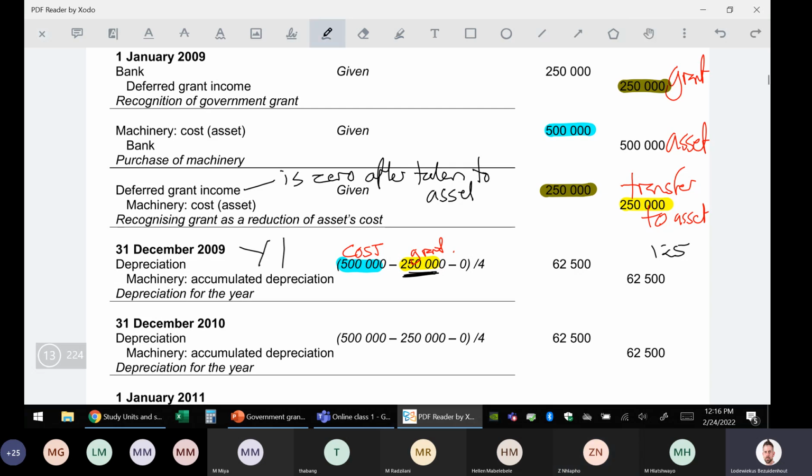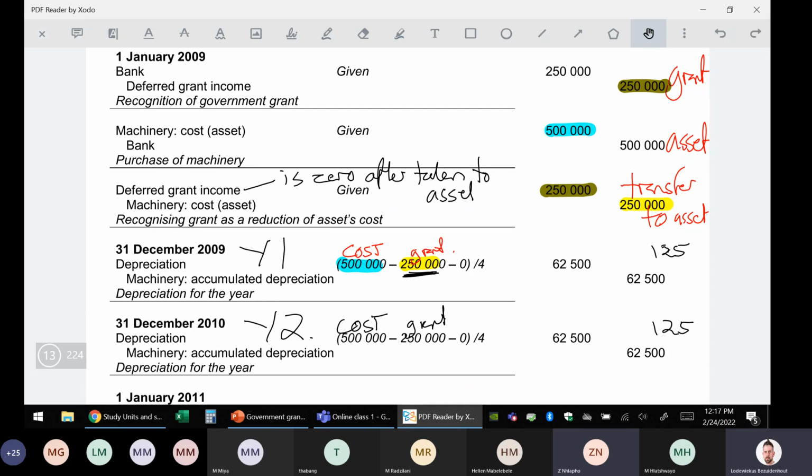That's year 1. That's year 2. And again, cost less the grant gives us the depreciable amount divided by the useful life of 4 years. So can you see for each of the 2 years, our depreciation was half of what it would have been if we did not deduct the grant from the cost of the asset.